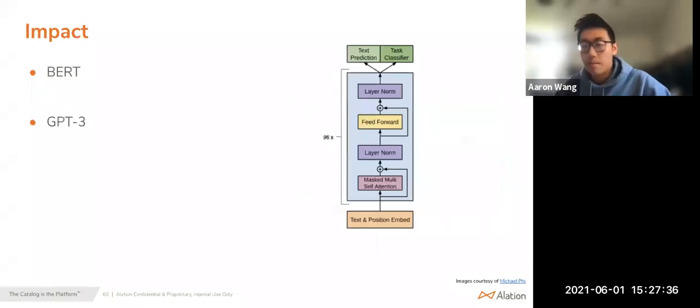Also GPT-3, I'm sure you're all familiar with GPT-3 and its long-lasting works and consequences and applications throughout the machine learning community. And all GPT-3 is really transformers just stacked on top of each other.